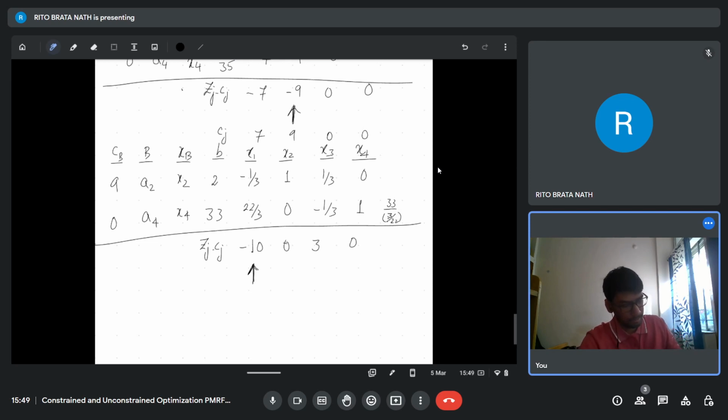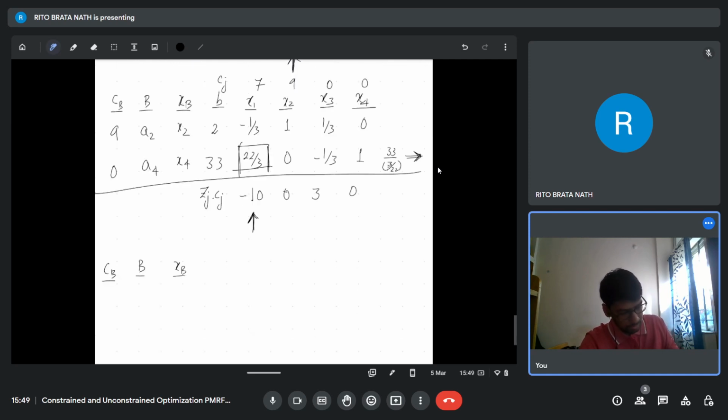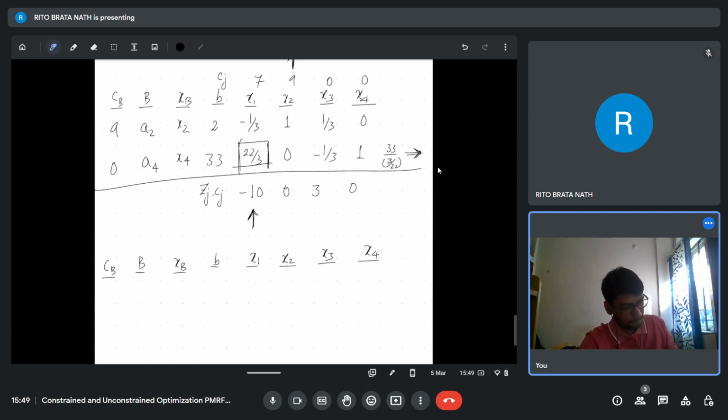So in the next step, what you will be left with is CB, B, XB, again B, X1, X2, X3, X4. Now what you have to do is multiply that row by 3 by 22.